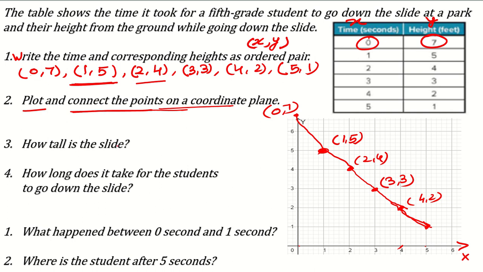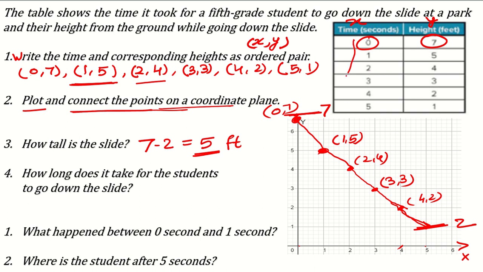How tall is the slide? How tall means what's the difference in the height? So see, here the height is 7 and the shortest height is 2. So what's the difference? 7 minus 2 means 5 feet is the height. How long does it take for the student to go down the slide? How long means we are talking about time.